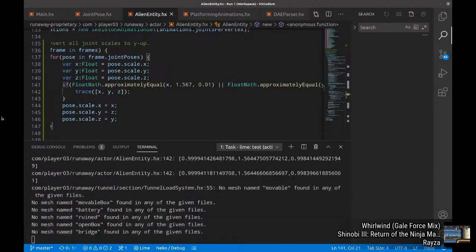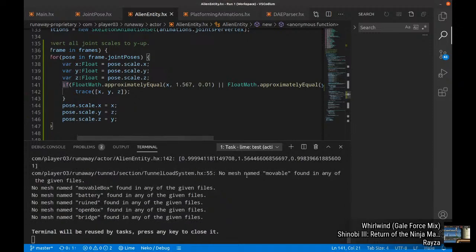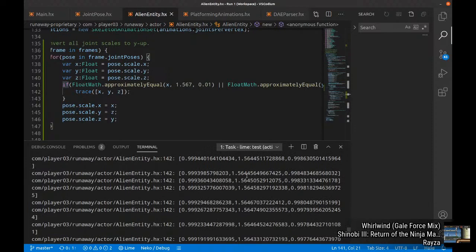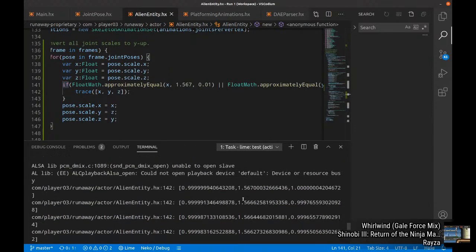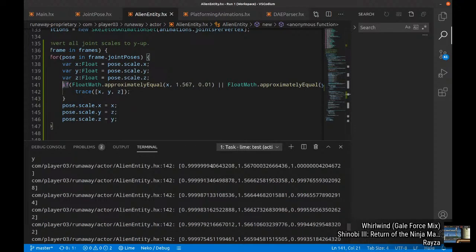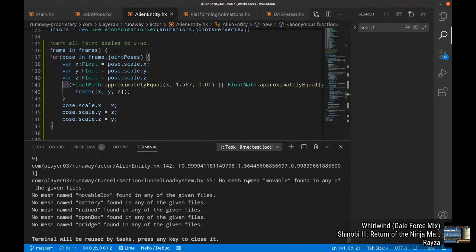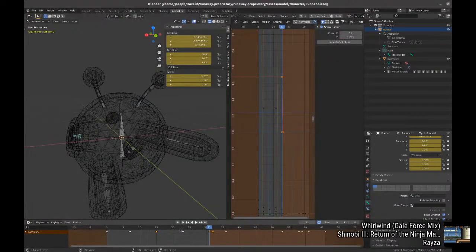So it's only accurate to, like, 1 in 100. Yeah, there are actually a bunch. So X, Y, Z, X, Y, Z. And yeah, there are like 32 copies because it's a 32 frame animation.